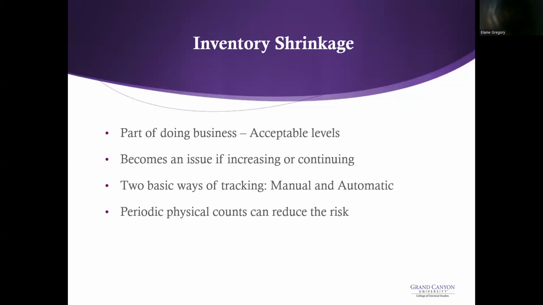A perpetual and a periodic system. Perpetual systems are always the best, but when you have large volumes of homogeneous inventory, that can be pretty hard to do. So you need to do regular manual physical counts, which can reduce the risk, especially doing some of those counts around the time where you think that the acceptance levels are solid for that inventory item.